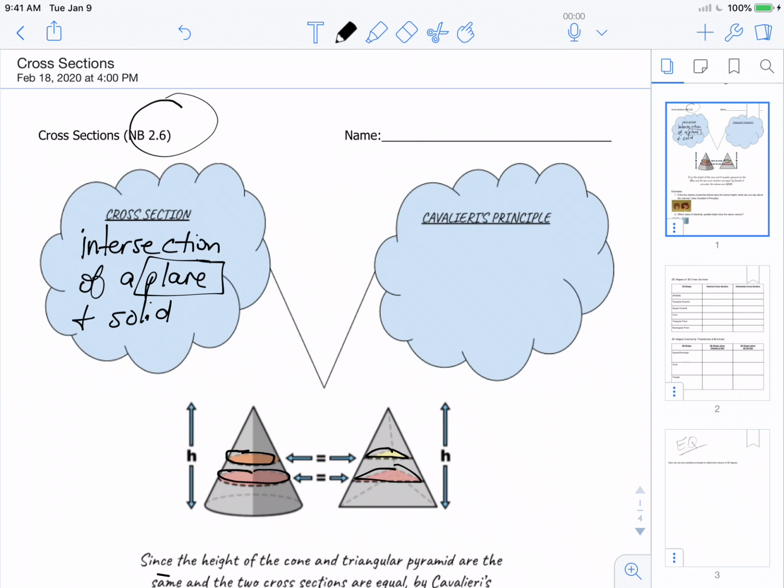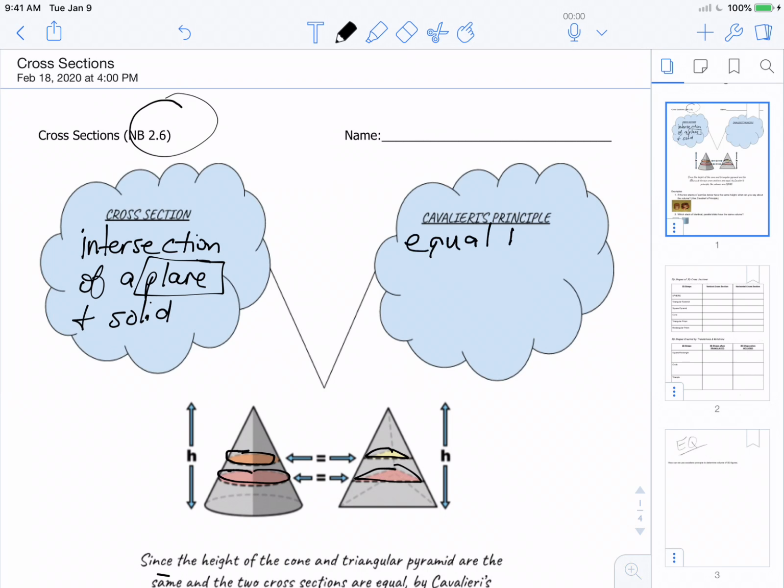All right, Cavalieri's principle simply states if two figures have equal bases and equal cross sections at every point, and the heights are the same, then the volumes are equal. So I'm just going to break it down like this.